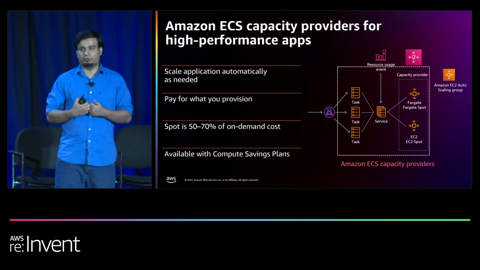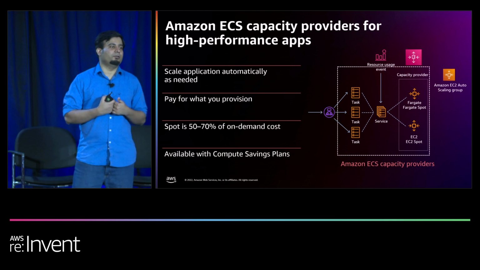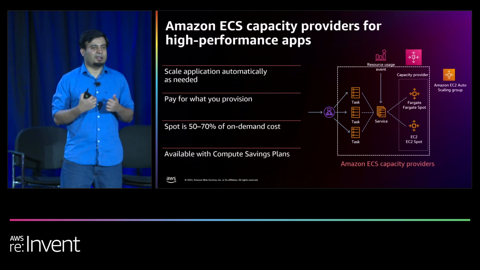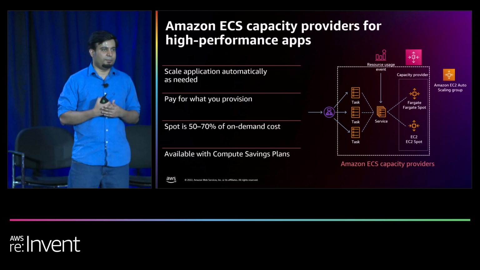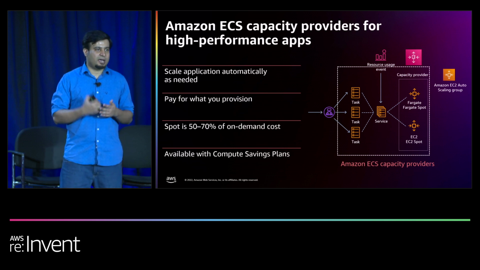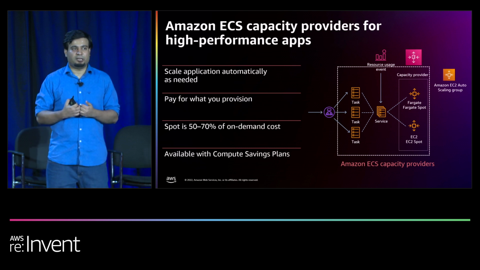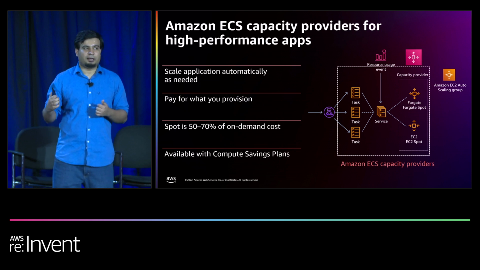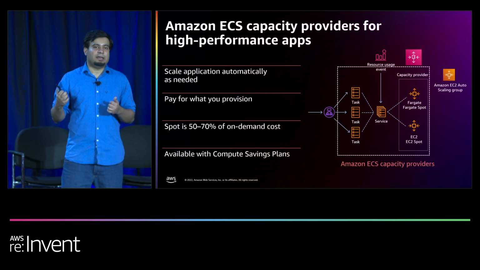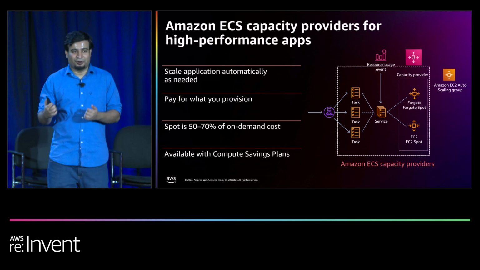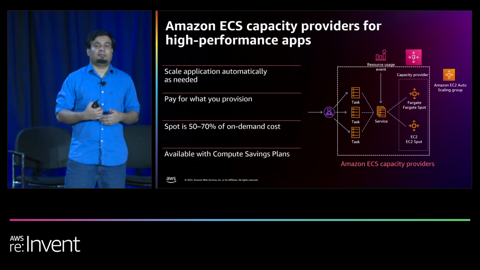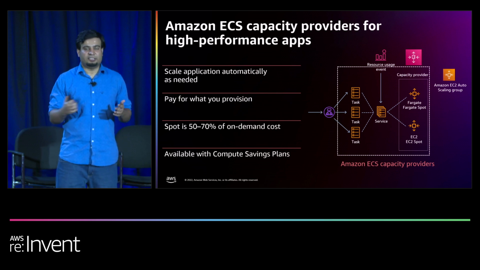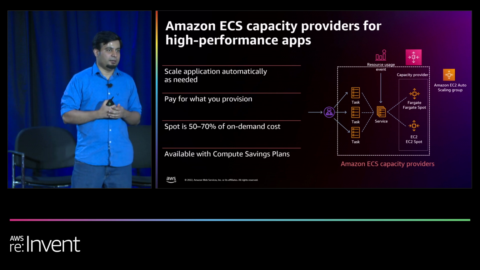And for EC2, you can create your own capacity providers, bring in your instances, configure them on the auto-scaling group, and then ECS takes care of auto-scaling those instances within the capacity provider to closely match the resource requirements, as well as to launch new tasks, as well as to scale out or to scale in your capacity as your task load changes over time in response to customer demand.